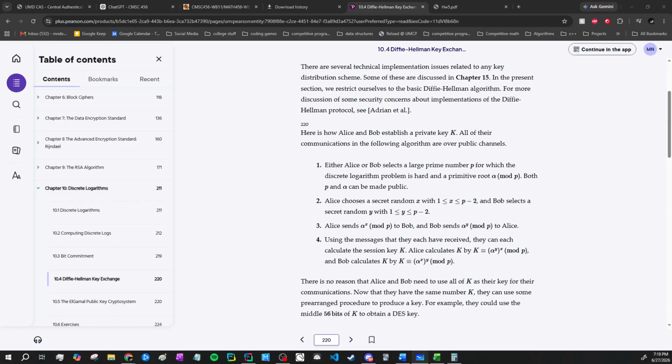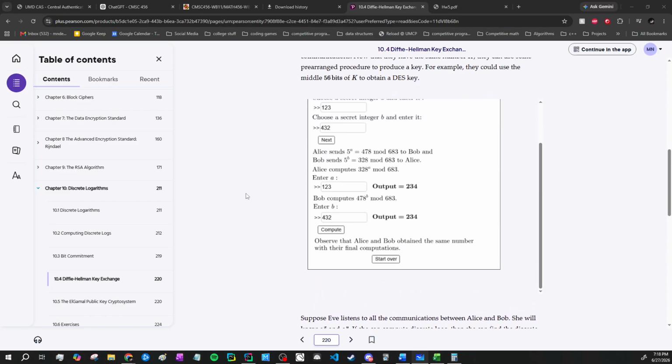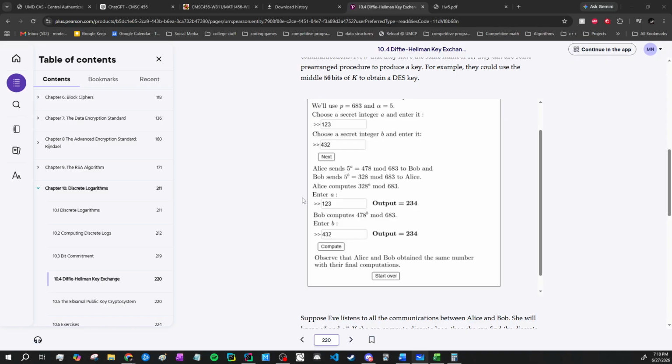We don't know y, we know x, obviously. So Alice sends 5 to the power x, which is just 478.